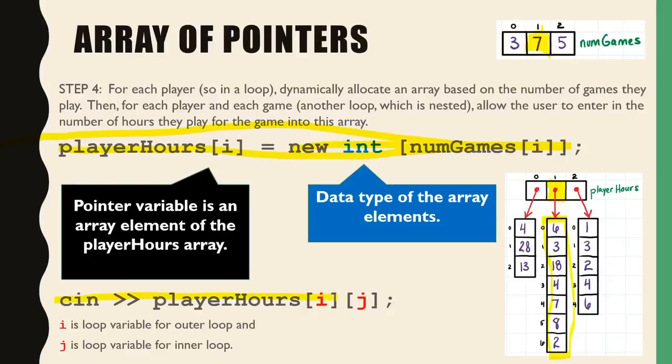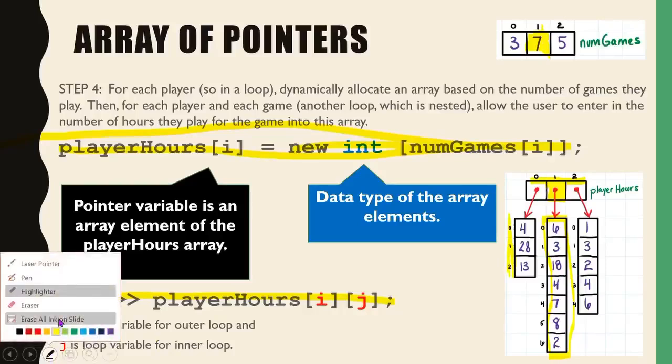Look at this line right here. Notice that it says playerHours sub i sub j, where i is the index values in the playerHours array, and j is the index values in this array that was dynamically allocated for this single player. So let me clear all the ink again.